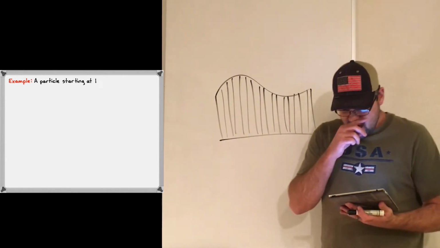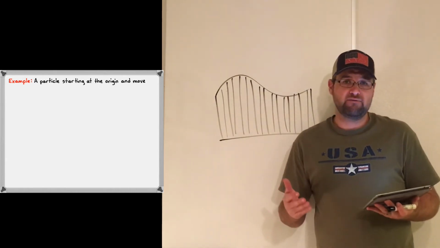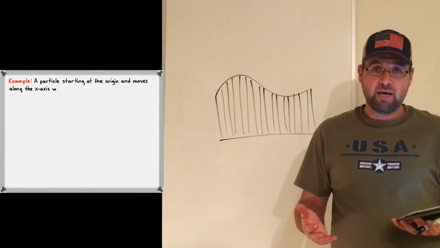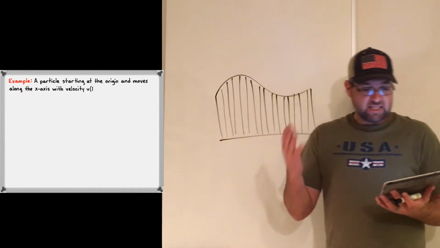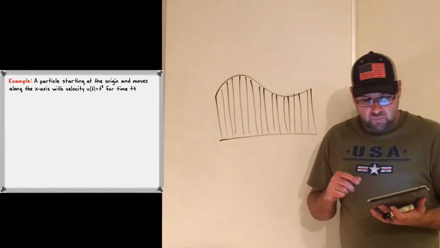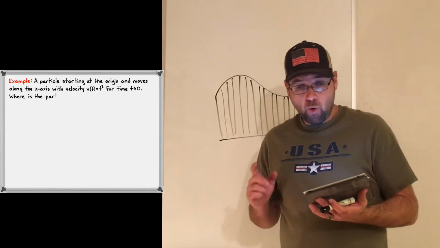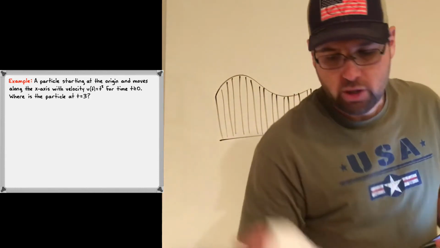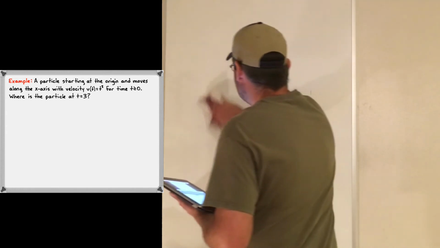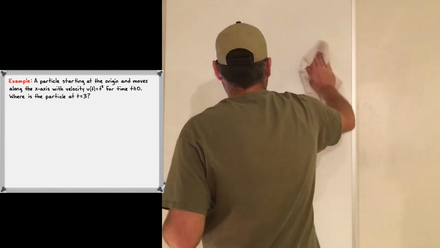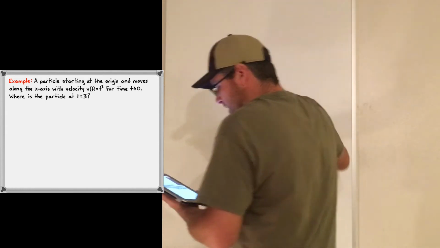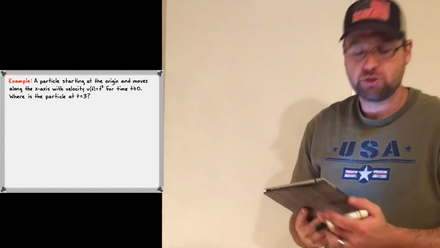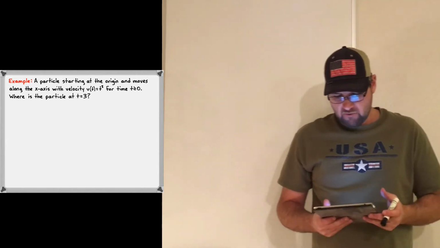So let's go ahead and take a look at a non-constant function and come up with an approximation of the distance that was traveled, okay? So here it says a particle starting at the origin, and that's going to be key. We're starting at the origin, which means the position of the particle is 0 when t equals 0. Okay, that's our initial condition, if you remember that term from before.